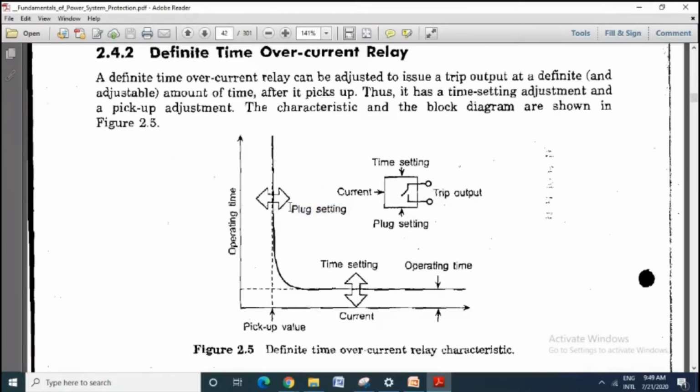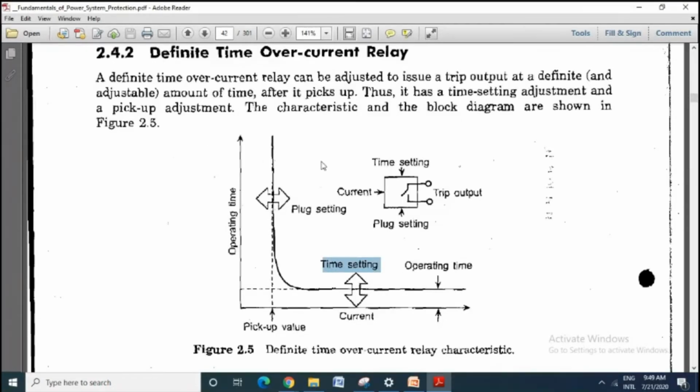As well as, once the value of current passes this plug setting, how much time you want to wait, or how much delay you want in the operation, that you can set by this time setting. Right?